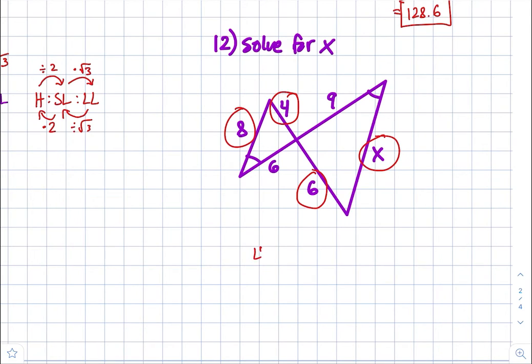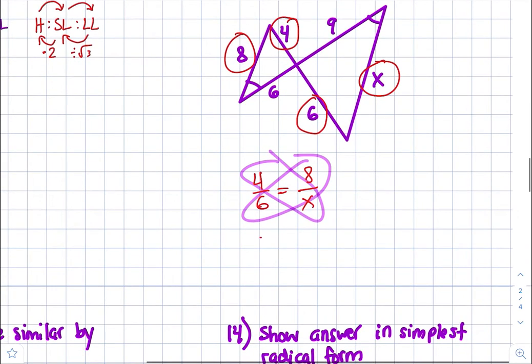So 4 over 6 is equal to 8 over x. Cross multiply, we get 4x equals 6 times 8, which is 48. Divide both by 4. X is equal to 12.